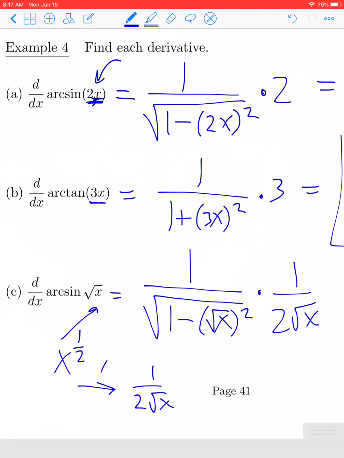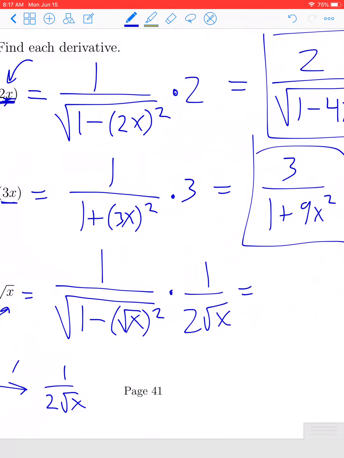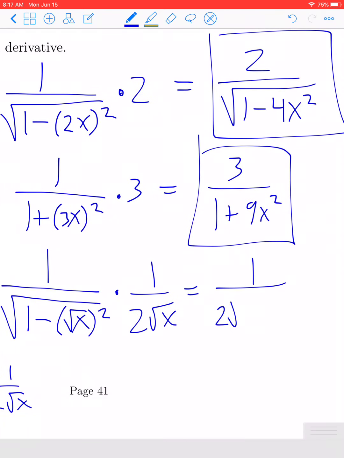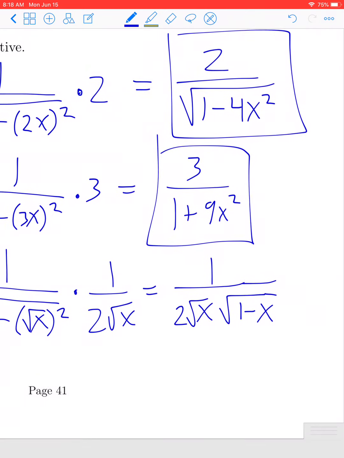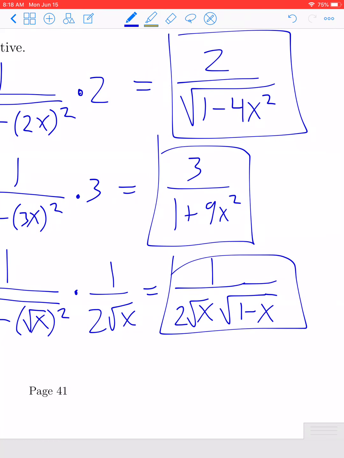So we get 1 divided by 2 square root of x, and then another square root of x here, where on the inside we have 1 minus the square root of x squared, which is just x. So this is good. We can leave it like this. If you wanted to combine the square roots, you're more than welcome to do that. You can bring them all under one radical, and it would be x times 1 minus x.